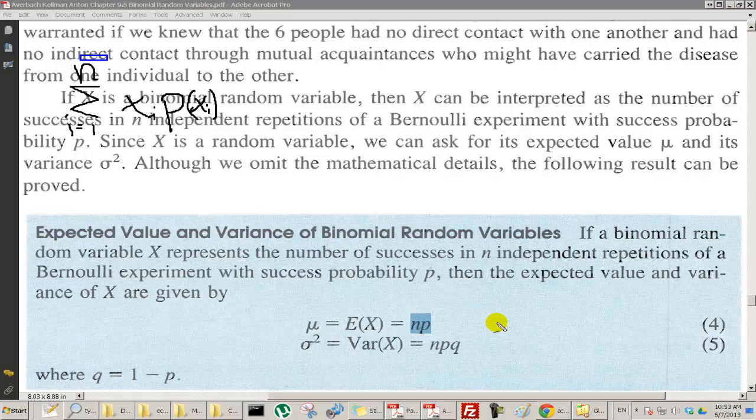sums to just np. On the other hand, it's completely obvious, if you think about it, that the answer is np. For example, let's say we toss a coin 10 times. So n is 10. And the probability of success, we'll say, is 1/2.